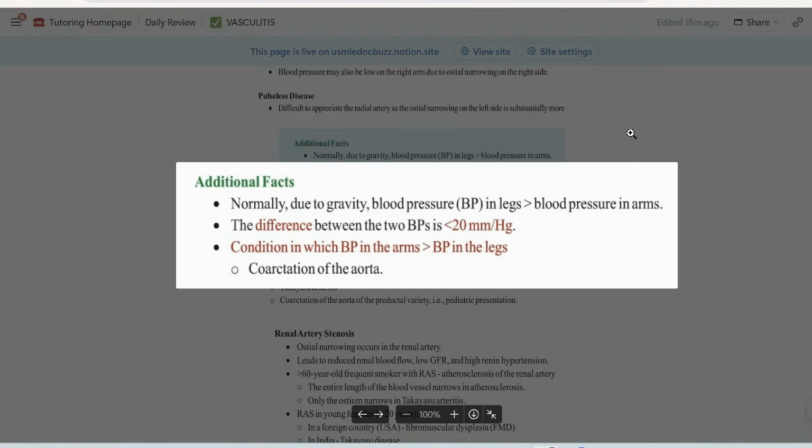Because if it's the difference between the arms and the legs, and it's usually presenting in a kid, you're going with coarctation of the aorta, right? You may see some involvement of aortic dissection in adults, but usually if there's a discrepancy between the arms and the legs in a young person, it's coarctation. Maybe in an older person, it's aortic dissection. Whereas here, we're talking about a discrepancy between the two arms. Okay.